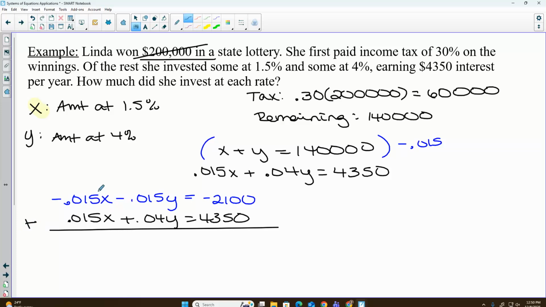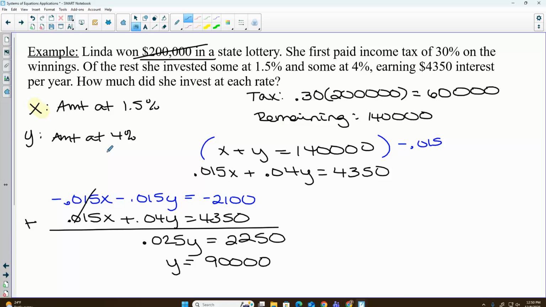So when I add together, the x's drop. 0.025y is 2250. And our y is 90,000.